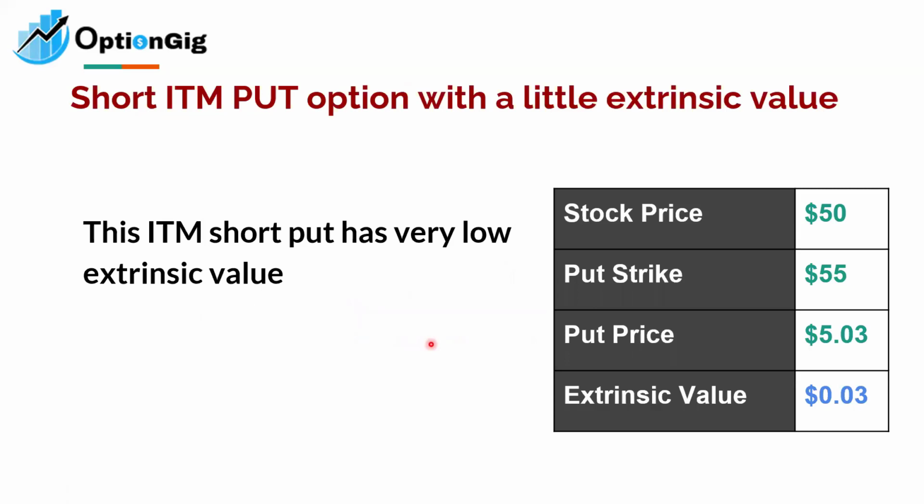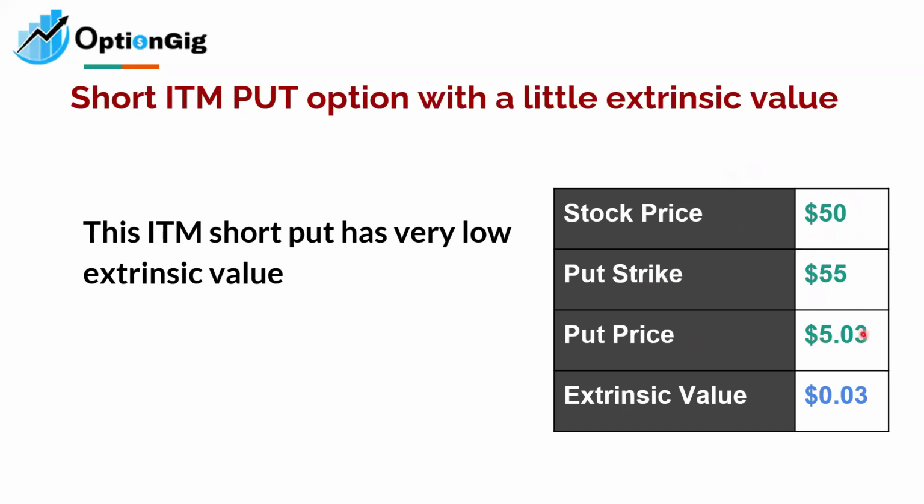So let's take some examples. You have a short in the money put option, meaning you sold a put. Now it's in the money. First of all, it has to be in the money. I've hardly seen any out of the money option getting assigned. But here the stock is at 50 and the put strike is at 55, so this is in the money. The put price is currently $5.03.